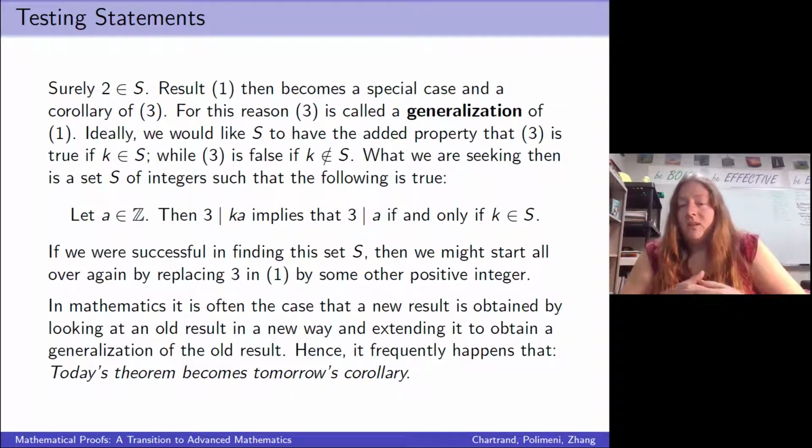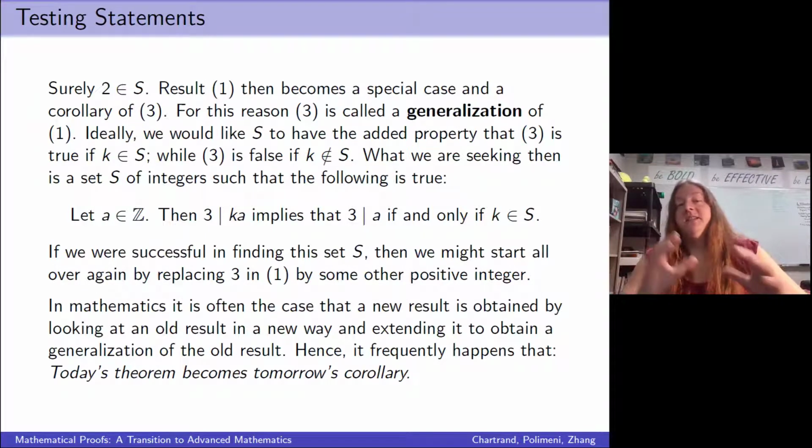Now, this is great, and it would be a step towards developing new mathematics. And this mathematics has been developed, but this would be how you might develop new mathematics from that statement. Now, notice that 2 being the value for k is just an example of this generalization.